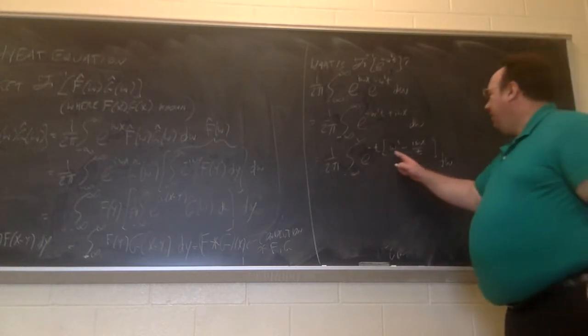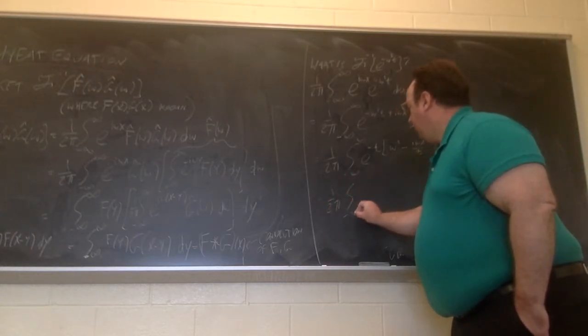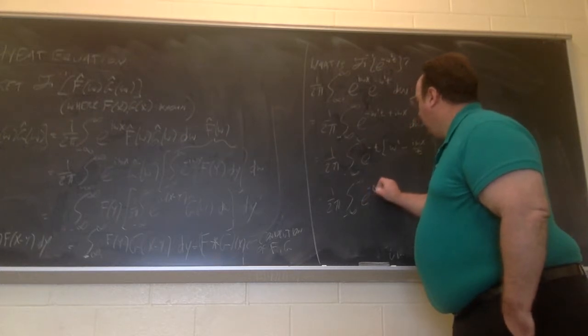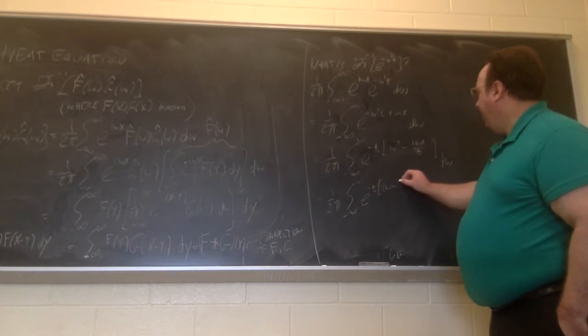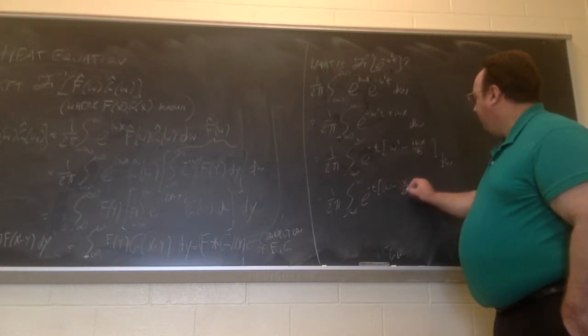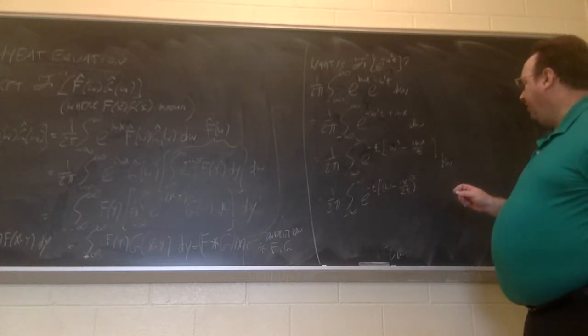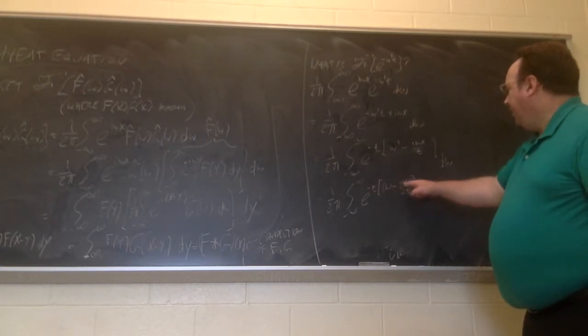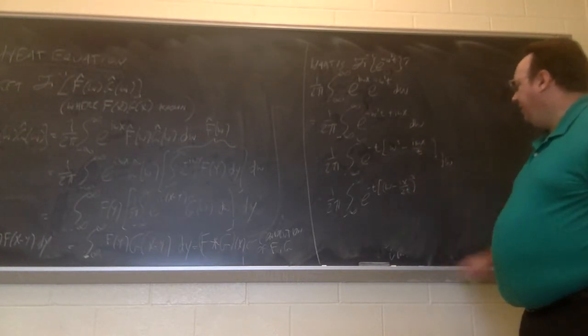So completing the square, I'm going to have omega minus i x over 2t, squared, because that's going to give me omega squared, and then minus twice this times omega, so i omega x over t.